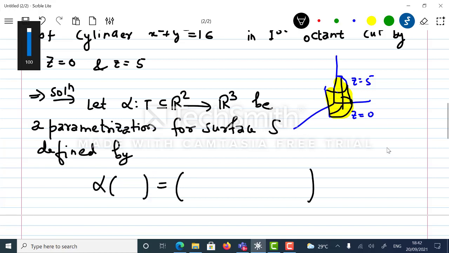On the cylinder surface my radius is always constant, and that is 4, so it is 4 cos theta, 4 sin theta, and z is z. That is cylindrical coordinates, and the parameters here are theta comma z.